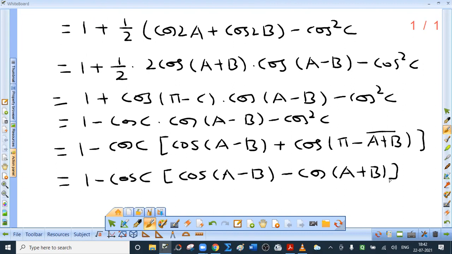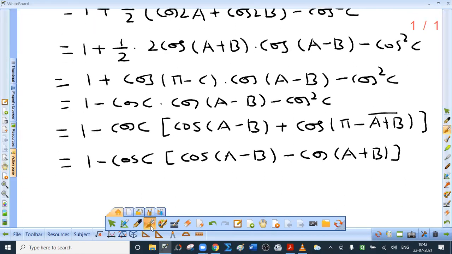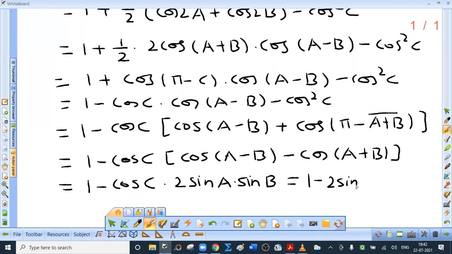Standard de facto formula. Cos of A minus B minus cos of A plus B is for what? Yes, you guessed it right. It is nothing but 2 sin A sin B. And that is why I insist that you should know all standard formulae. So what remains is 1 minus, I rearrange the terms, 2 sin A sin B cos C. That's it.